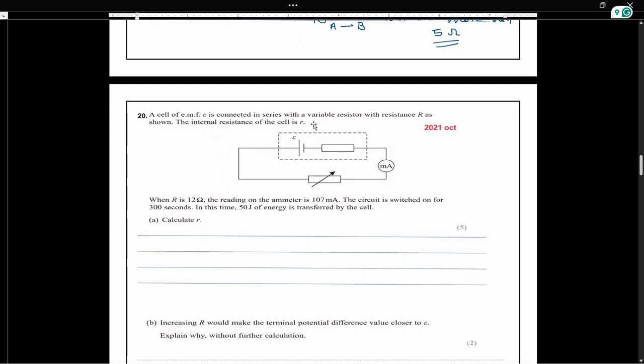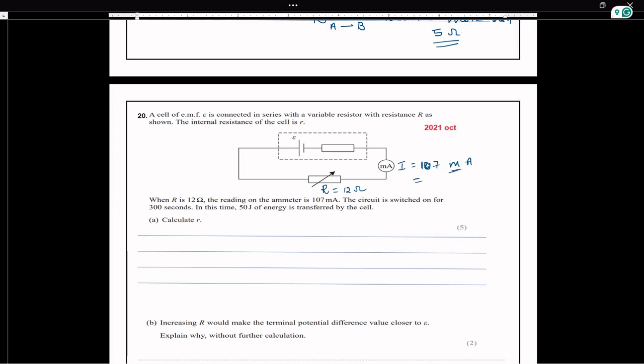The EMF is connected in series with a variable resistor with the resistance R. Terminal resistance of the cell is r. When R is 12, the reading of the ammeter is 107 milliamperes. So they are telling that when the value of the variable resistor is 12 ohm, the current is I equals 107 milliamps.